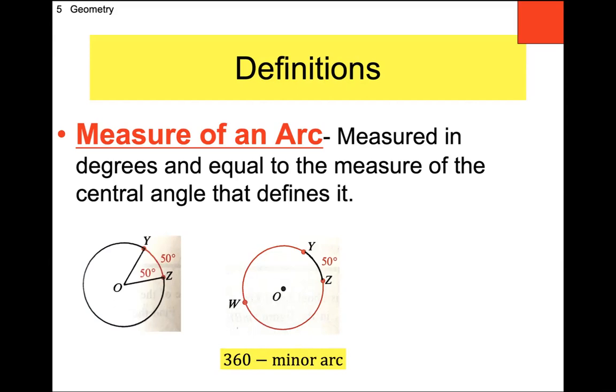So the major arc there, arc YWZ, would be 310 degrees. And you're like, well, that's confusing. Why don't they just say 310 degrees? It's just easier to name it with the minor arc. So for major arcs, the arc measure, when they ask you to calculate it, will always be done in terms of the minor arc that forms the major arc. I hope that made sense. Lastly, the easy one: all semicircles have an arc measure of 180 degrees.